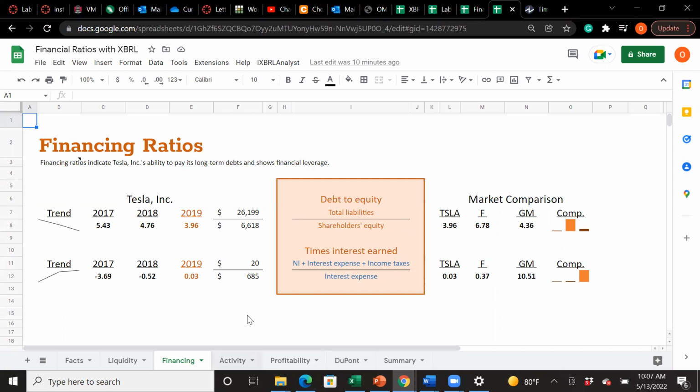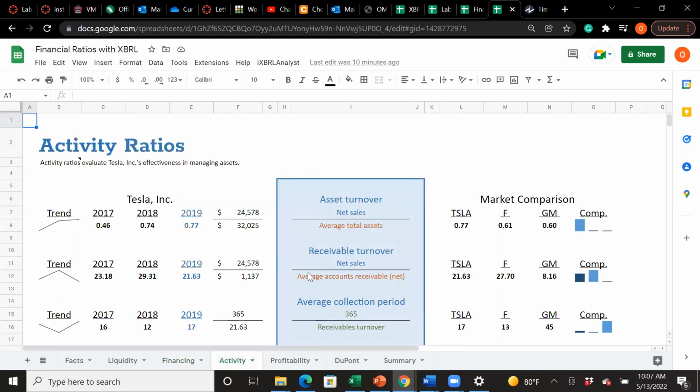Finally, looking at activity, one thing to note is that Tesla's asset turnover has nearly doubled. That just means you have more net sales, which is driving this ratio up, and that's what you want.